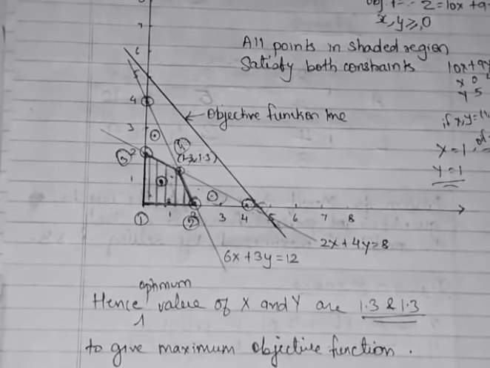If we have three variables x, y and z, suppose I have three options of products A, B and C to manufacture, then the number of units of C to be manufactured is z.